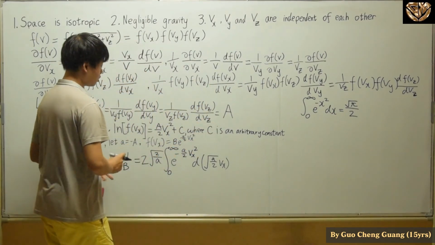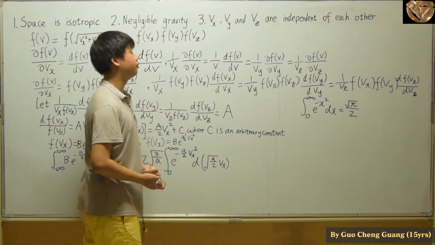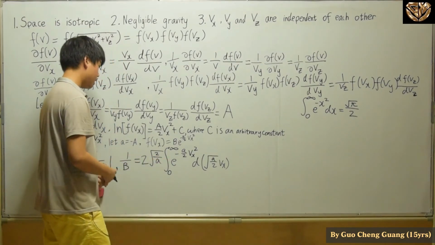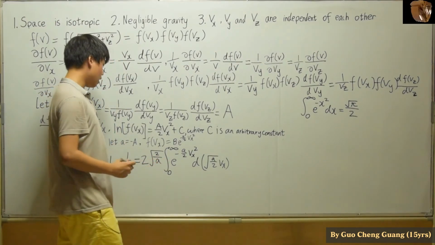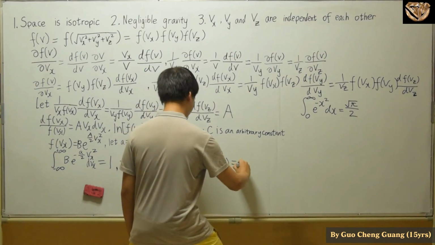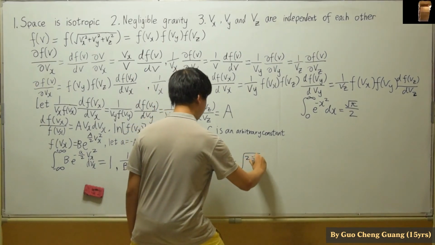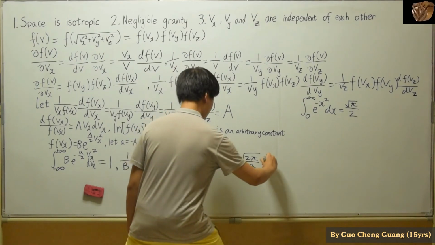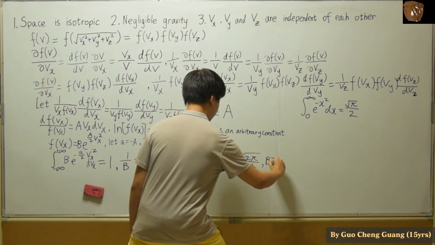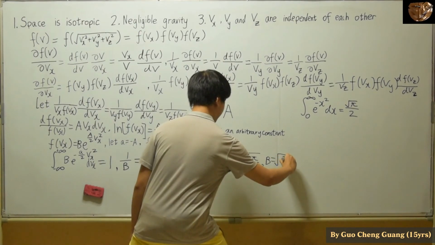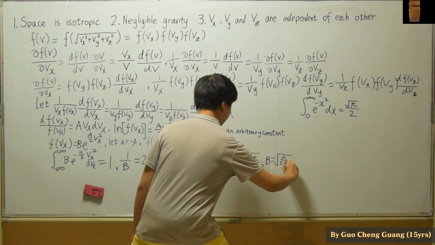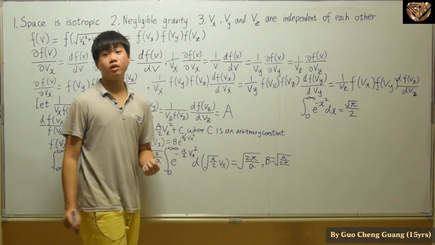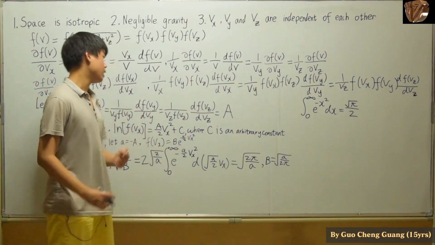Right. So we take a look back at what we have over here. It's the exact same form. So we are going to have square root 2 pi over a. And that means b is equal to square root a over 2 pi. So here we have found b miraculously.